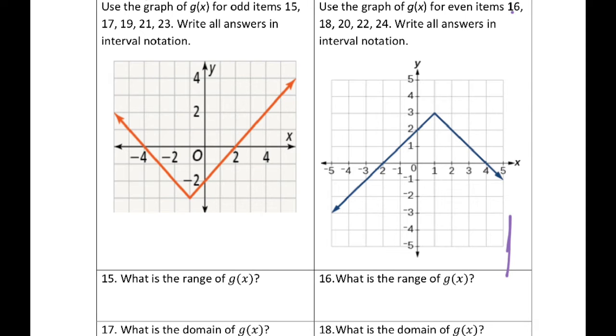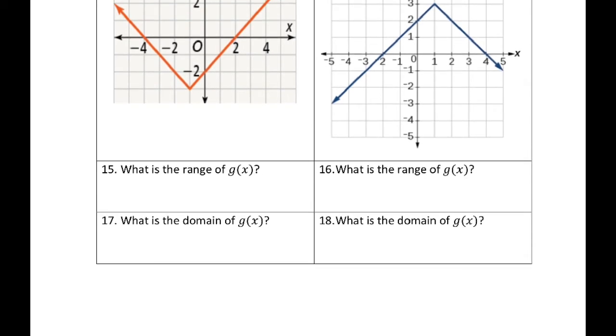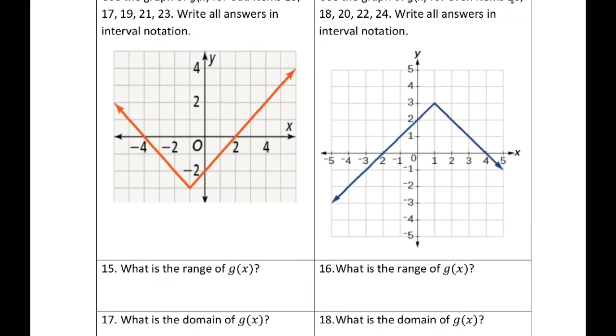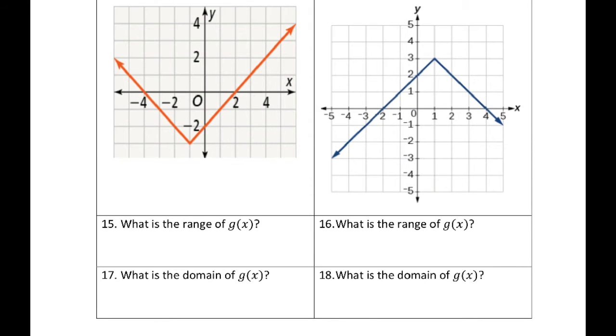All right, so for the next handful of problems, I am using this graph for the odds 15, 17, 19, 21, and 23. And we're going to write all answers in interval notation. So what is the range of g of x? So remember, your range is your lowest point to your highest value, and range is also y's.